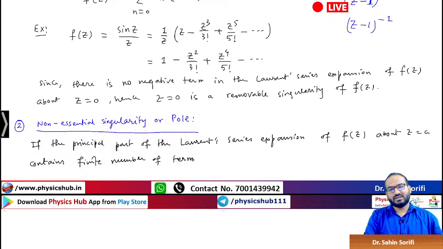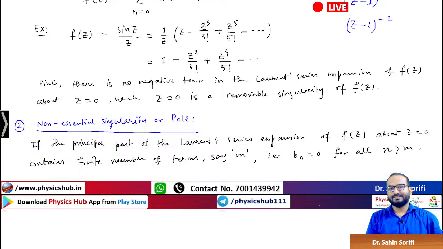It may be 2 terms, it may be 1 term, it may be 3 terms, it may be 4 terms. So let's say m number of terms is finite. So Bn will become 0 for all n which are greater than m, okay?